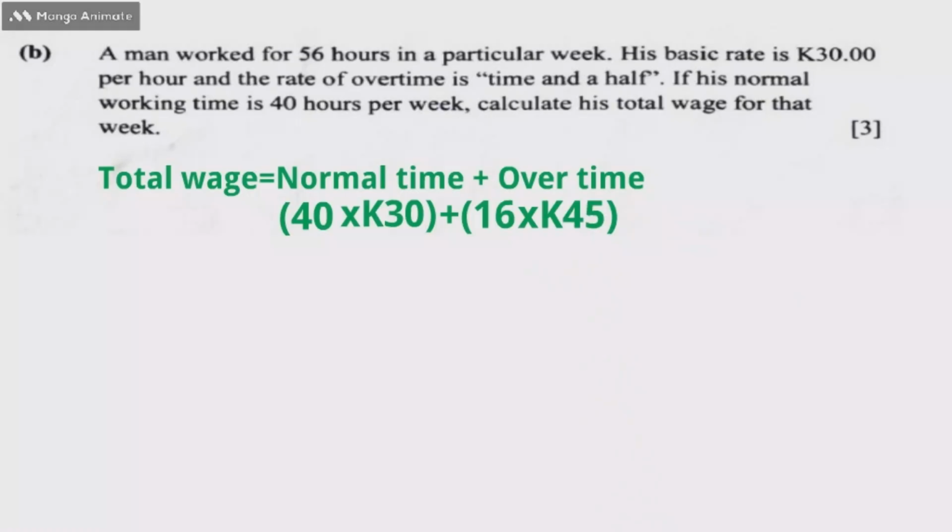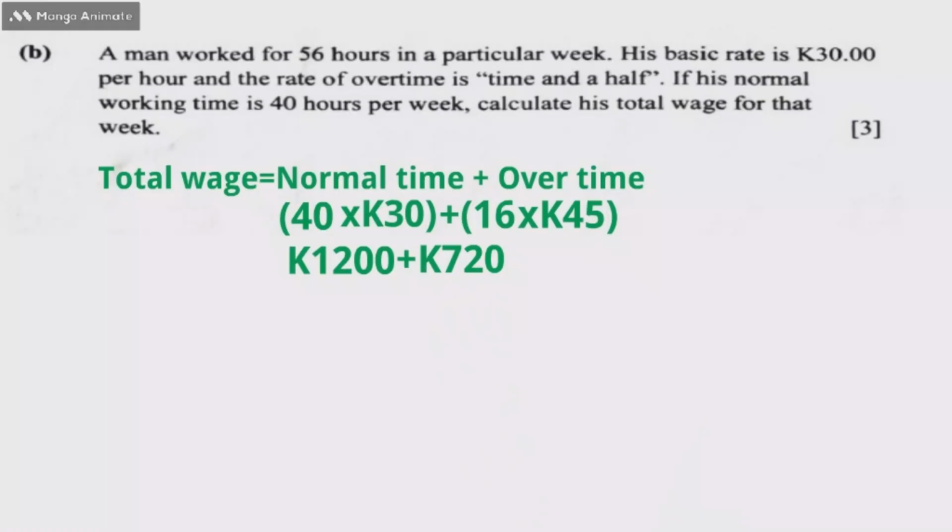Now we evaluate those expressions in brackets. 40 times 30 kwacha gives us 1,200. Then 16 times 45 kwacha is equal to 720 kwacha.